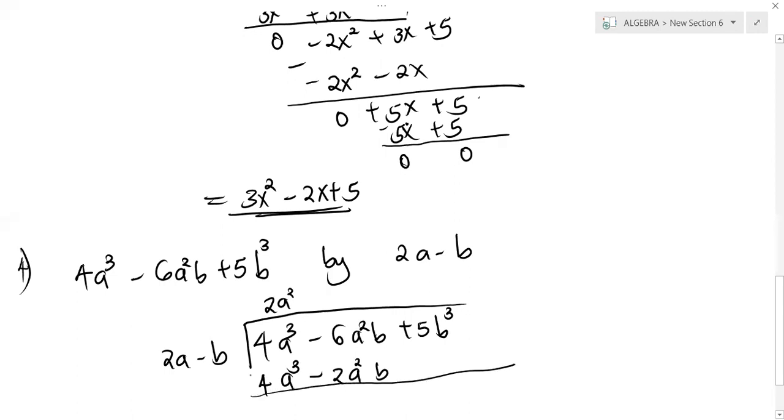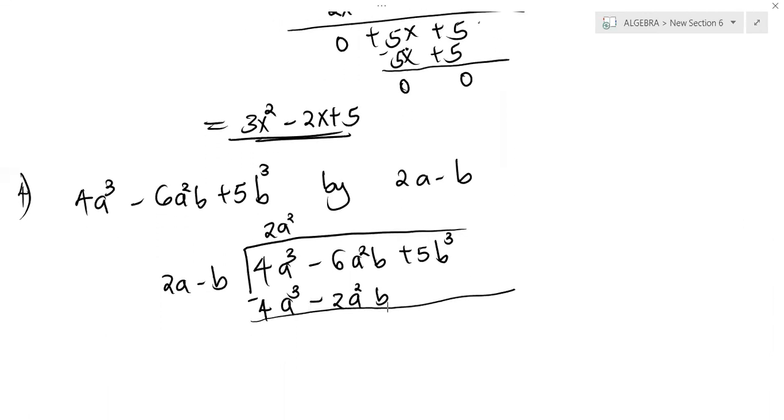Subtracting that will give us 0 over here. And then minus 6a squared b minus minus will be plus, so eventually we'll have minus 4a squared b. Then this 5b cubed minus 0 will be plus 5b cubed. Looking at this term here, taking it and dividing it by 2a, that will be minus 2ab.